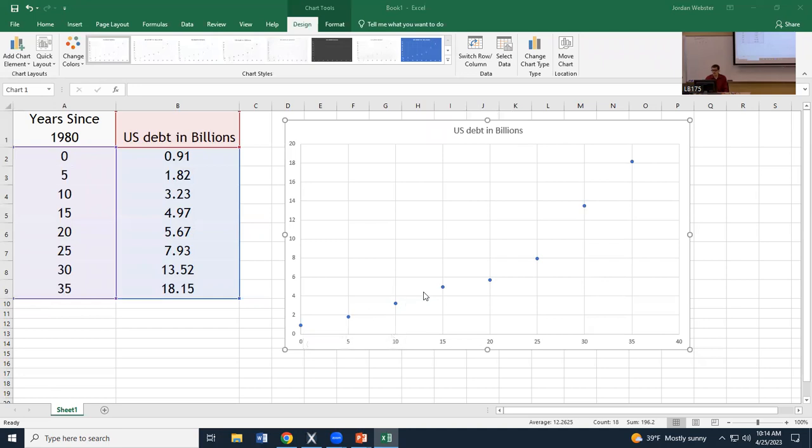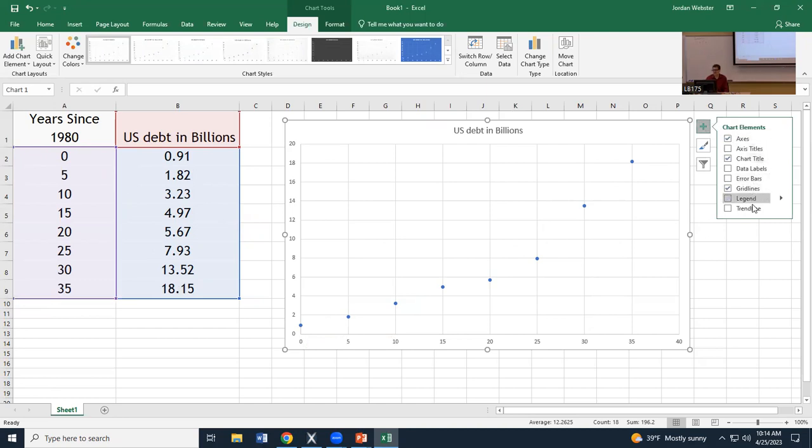All right, now we want these data to generate an exponential function. So what we do is you just right click on it, and then you can hit this plus sign.